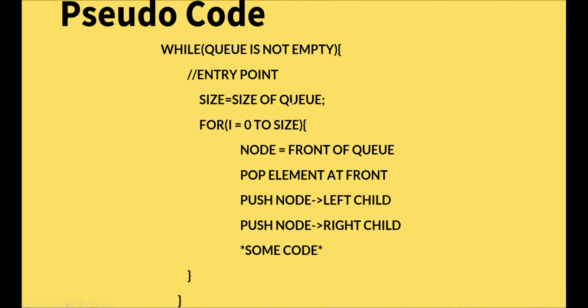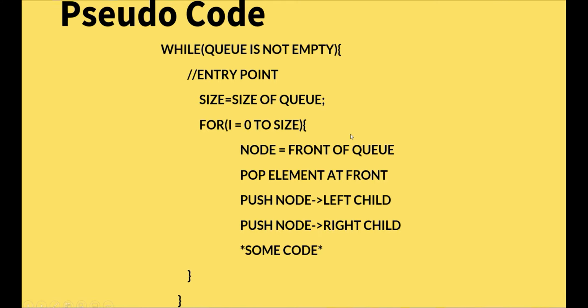So as I said, our queue at any given point will contain only elements of one particular level. So to get the number of elements in that level, all we need to do is access the size of the queue. Using this size, we can now run a for loop from i equal to 0 to size and explore each of those elements in that level.